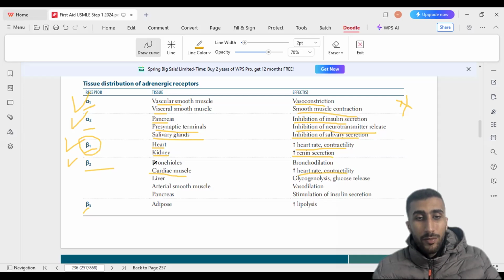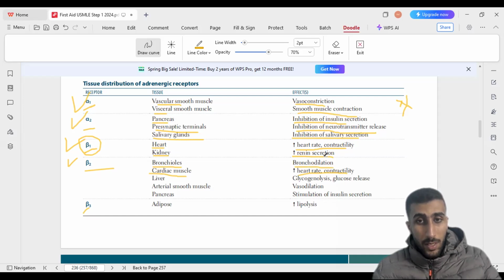And the very famous, very high-yield point: bronchioles are supplied by B2. Very famously assessed in exams, bronchioles are supplied by B2, and sympathetic stimulation is gonna cause bronchodilation.